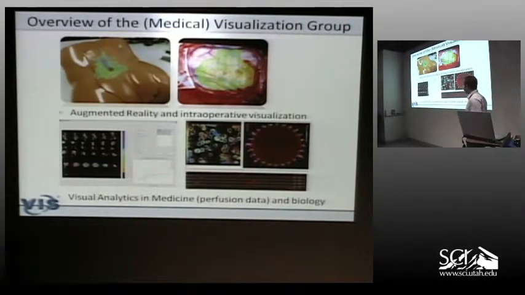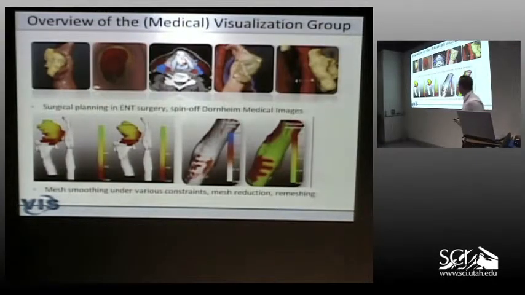And within this priority program, we deal on the one hand with biological data, and also with perfusion data, which is a kind of medical data which changes over time, where many parameters are derived which characterize perfusion, and visual analytics techniques are used in order to better understand how these parameters relate to each other, which of them should be used for a diagnosis. That is the last overview slide.